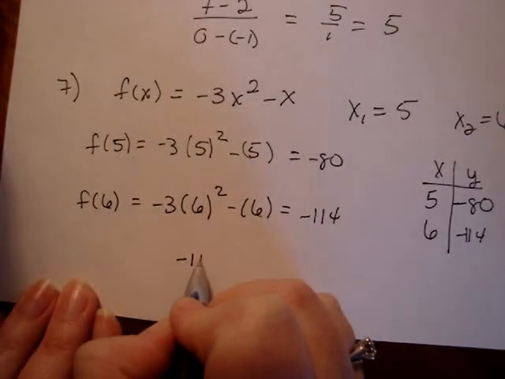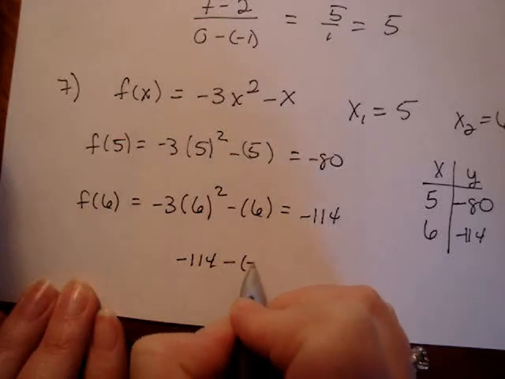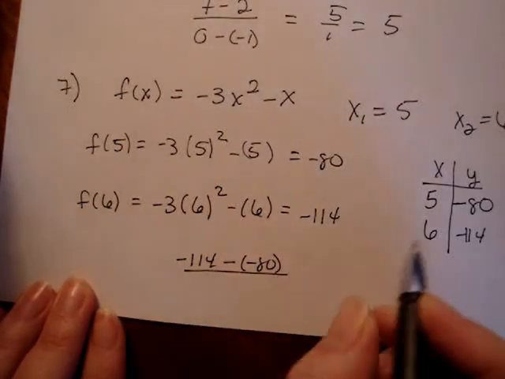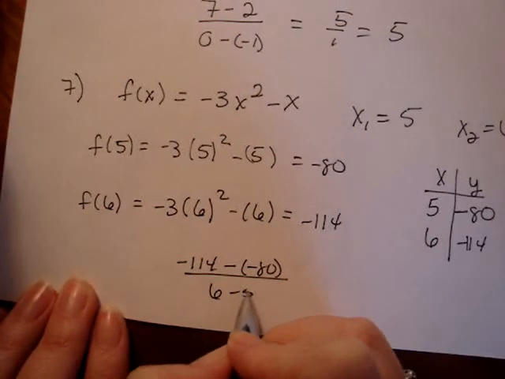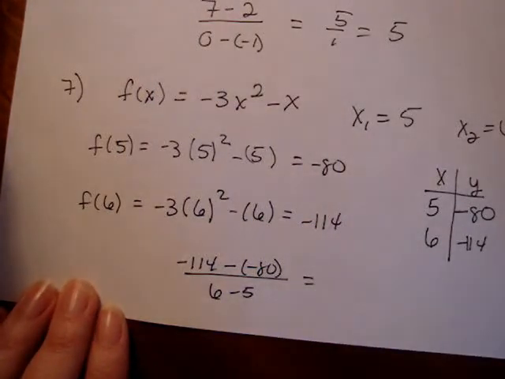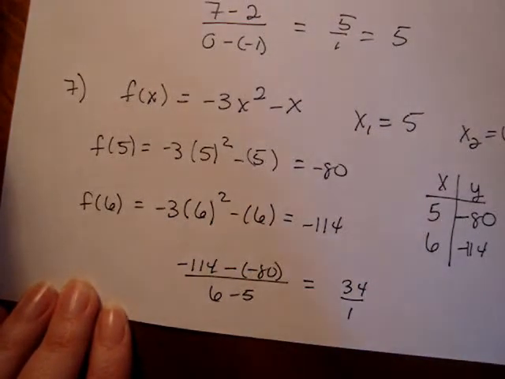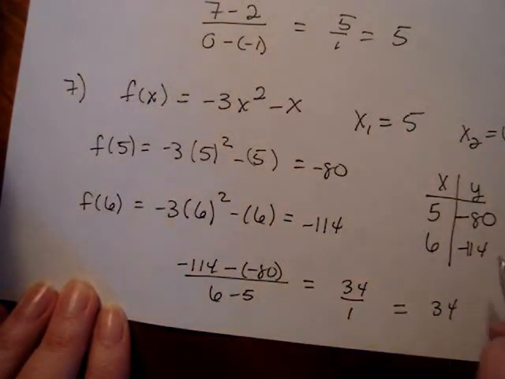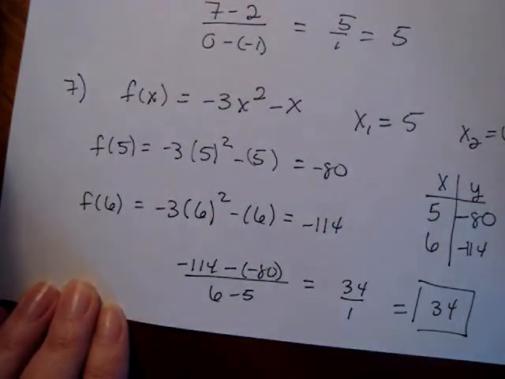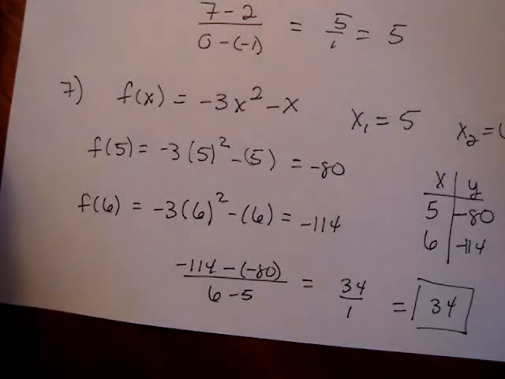So negative 114 minus negative 80, watch your signs, over 6 minus 5 is equal to, well, that's going to be plus 80, right? And so I think we get 34 over 1, which is just 34. And so that's your final answer, the 34, the average rate of change.